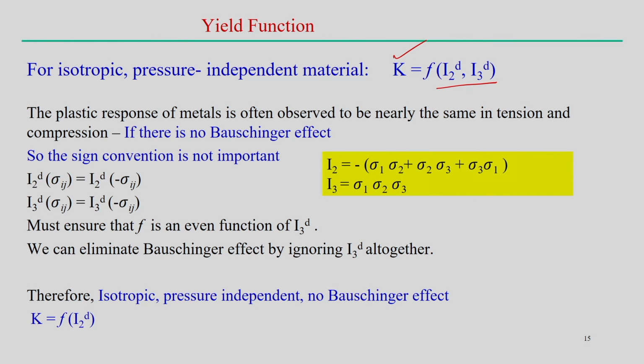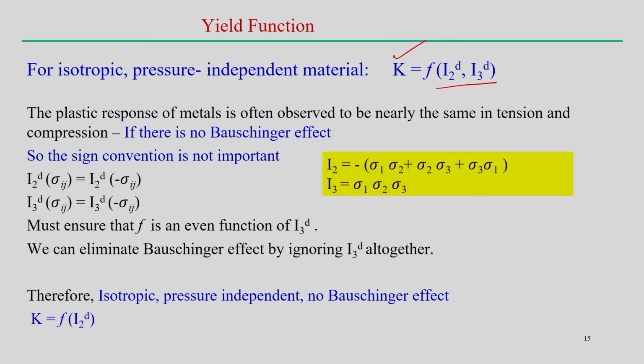Now, the plastic response of materials is often observed to be nearly the same in tension and compression. In normal engineering materials, the yield points for tensile and compressive loads are more or less the same.